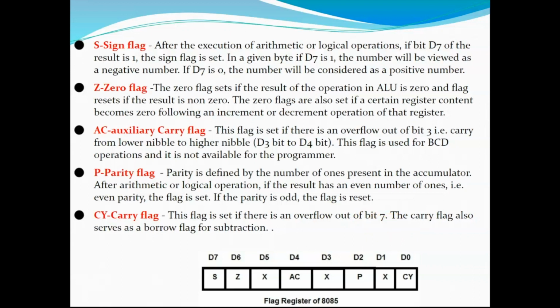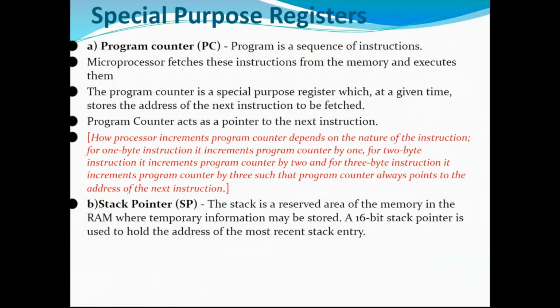Parity is defined by the number of ones present in the accumulator. After an arithmetic or logical operation, if the result has an even number of ones, that is even parity, the flag is set, and if the parity is odd, the flag is reset. The carry flag is set if there is an overflow from bit 7. The carry flag also serves as the borrow flag for subtraction.